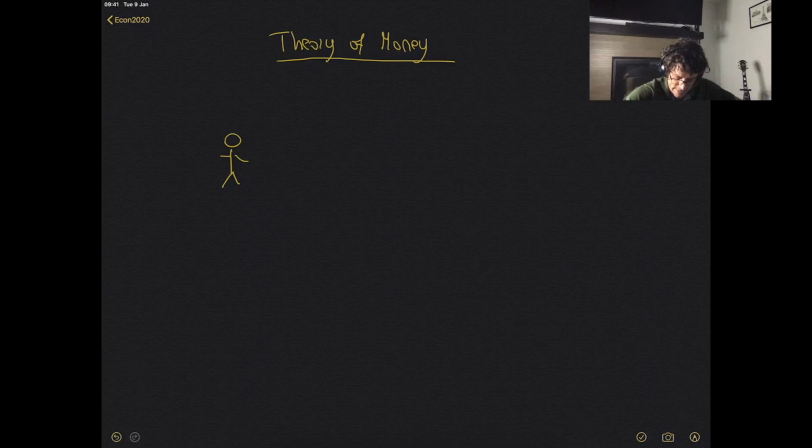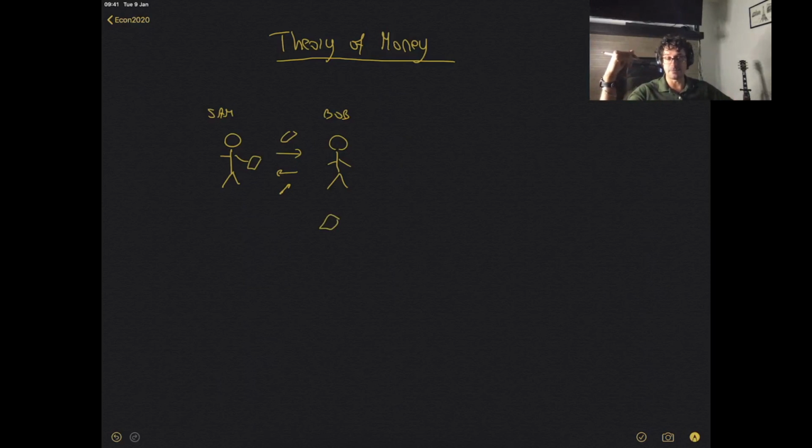So let's suppose that Sam has this amount of money and wants a good in exchange with Bob. Say basically the transaction, there is Sam that is giving this money and in exchange gets, I don't know, a pen. Okay? So now Bob accepts this money here. Why does Bob accept this money?